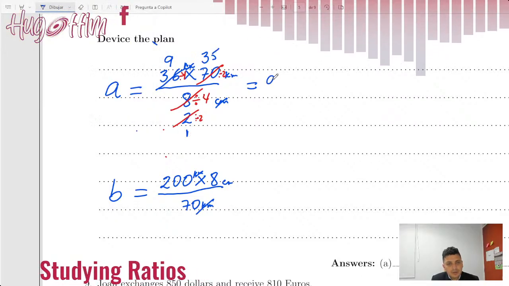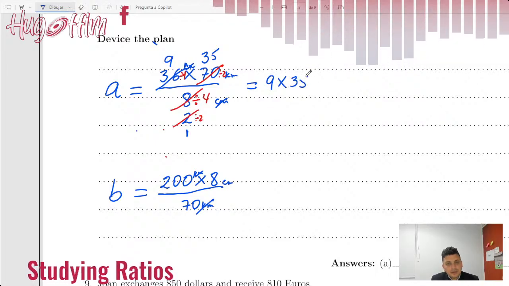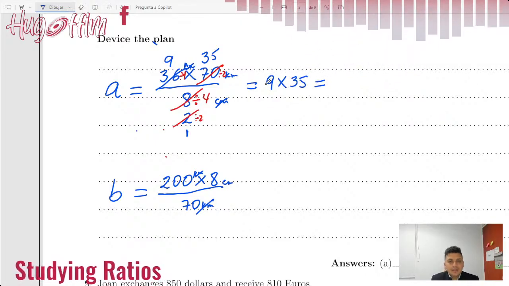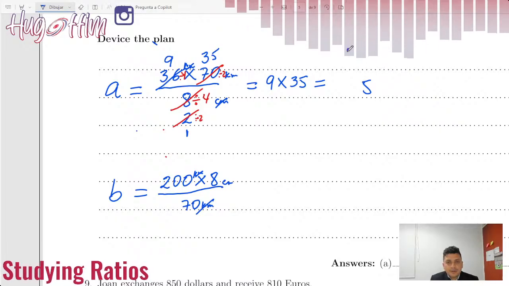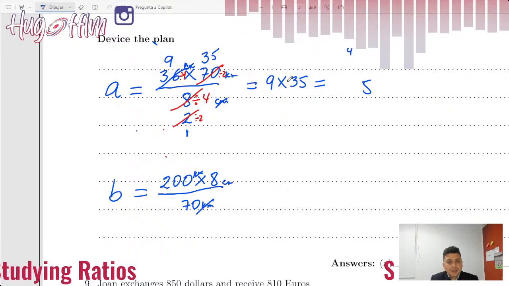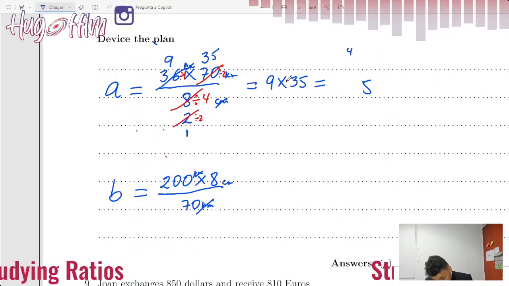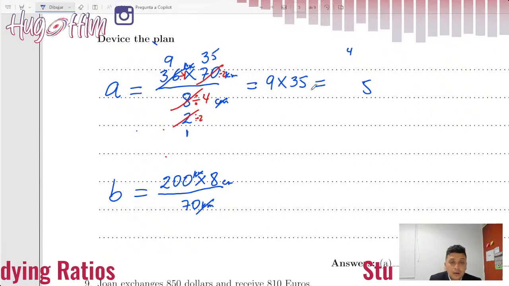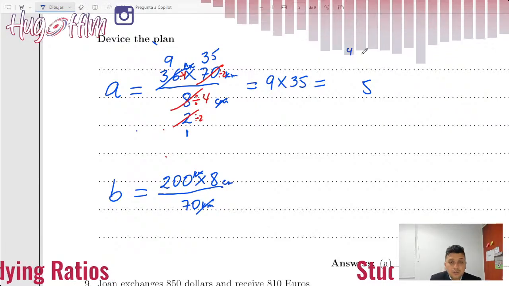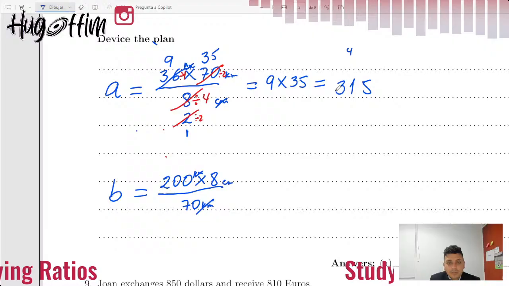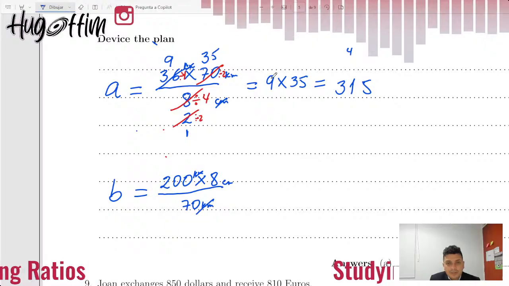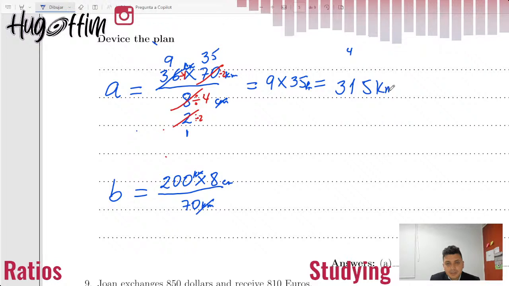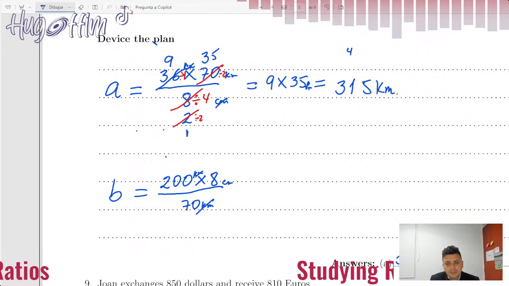So in this case, I get 9 times 35. 9 times 5 is 45, 9 times 3 is 27, and 4 more makes 31. So 315 kilometers. That would be the first answer.